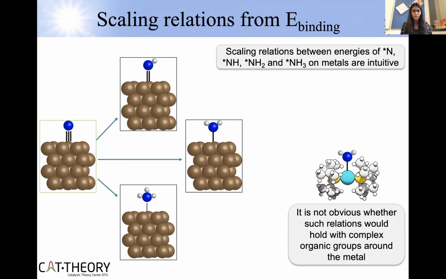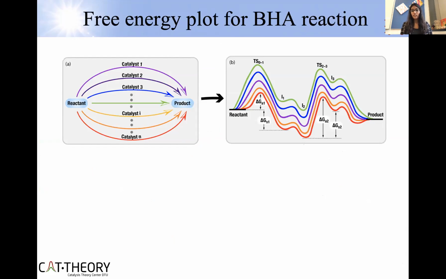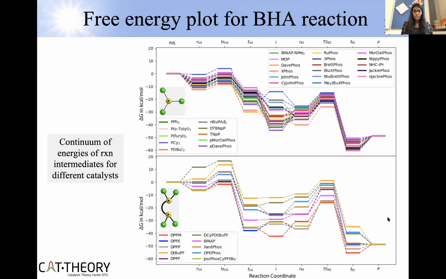And so for that, we evaluated the free energy diagram for each of those 37 ligands that I showed before, comprising 27 monophosphine and 10 biphosphine ligands. You can see the free energy diagrams for the monophosphine ligands on top and the biphosphine ligands at the bottom.